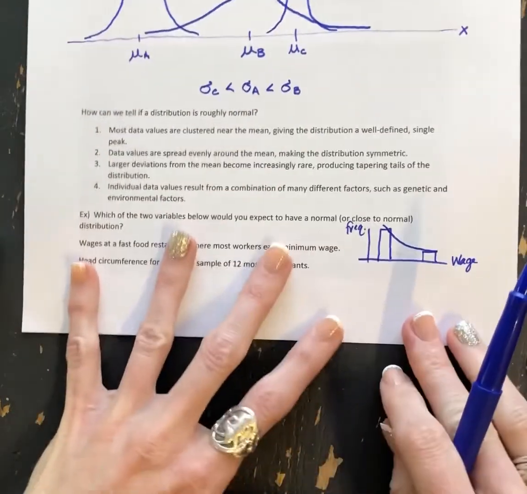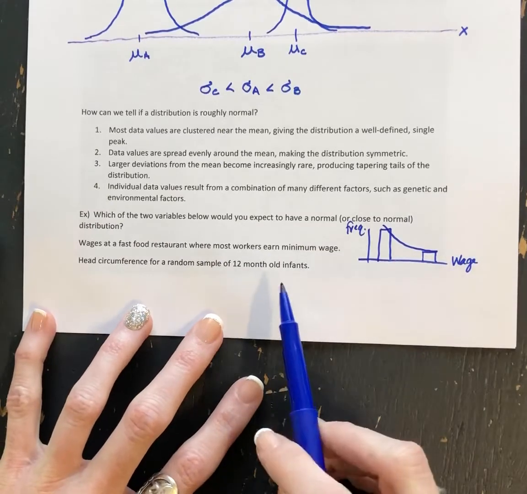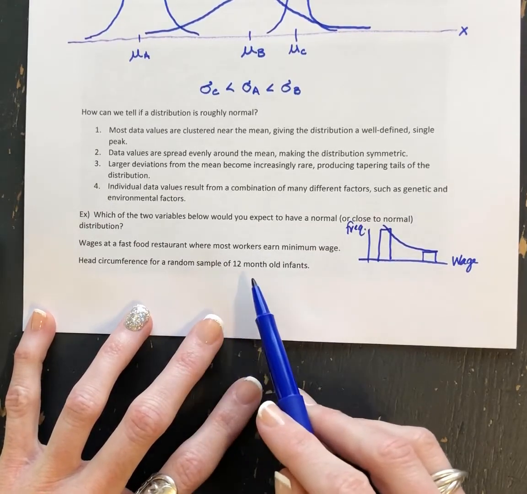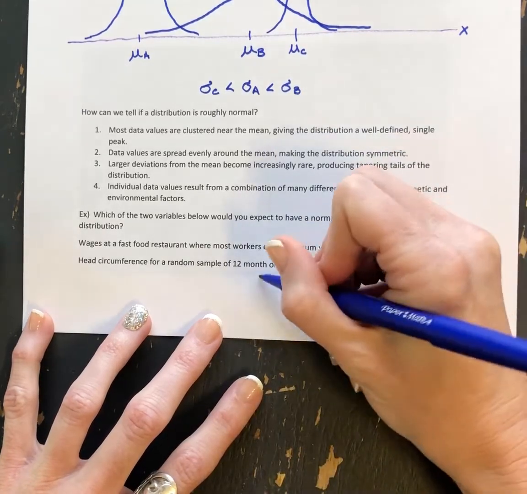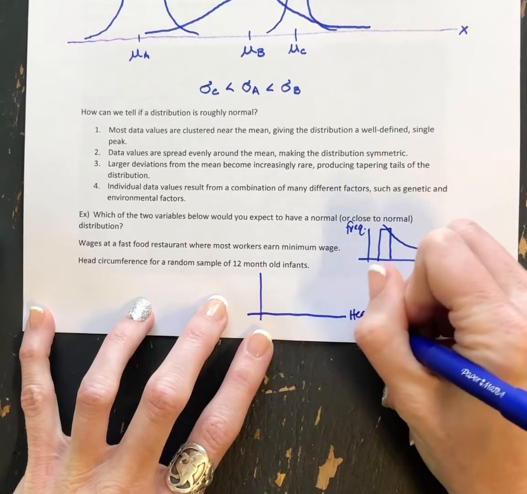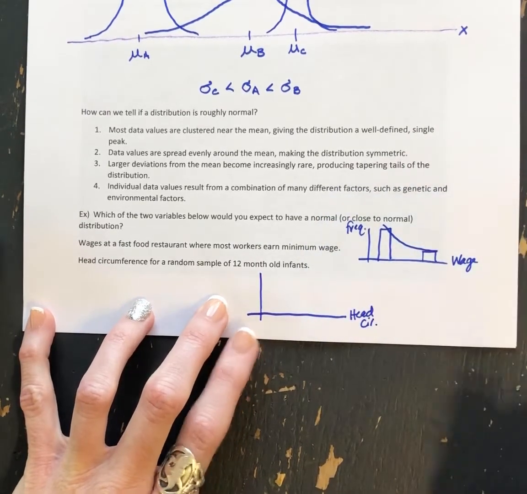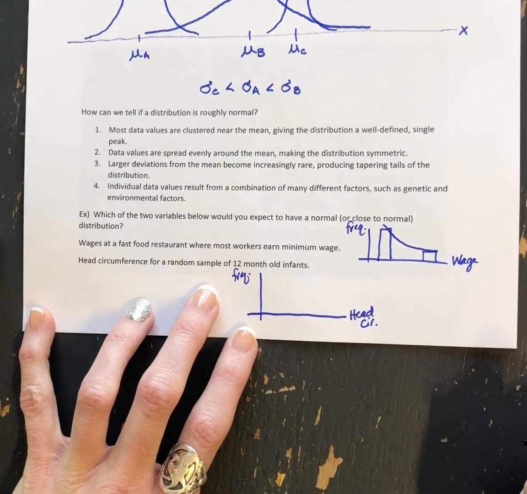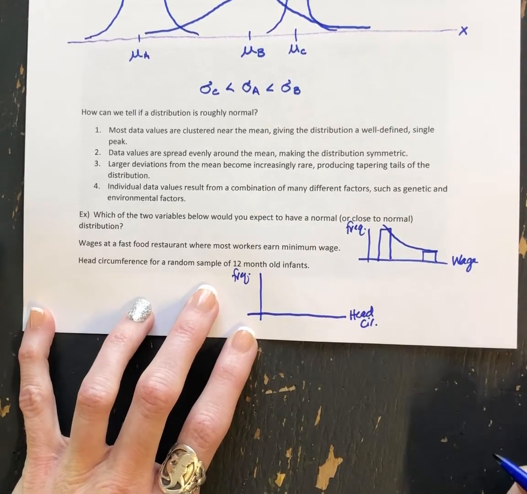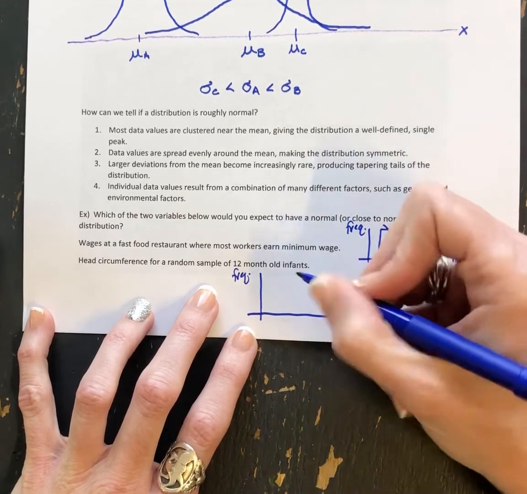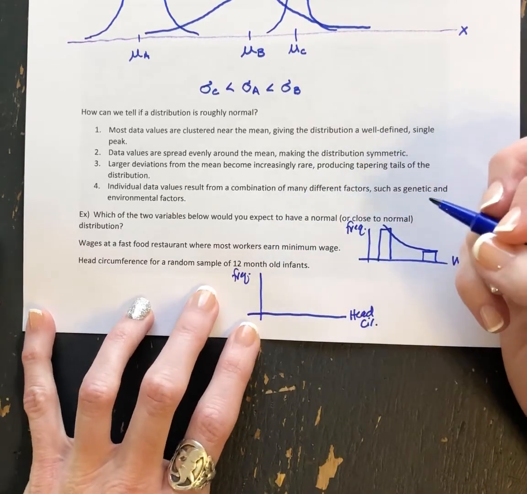curve. Okay. Our other choice is head circumference for a random sample of 12-month-old infants. So again, just a quick sketch thinking about head circumference and frequency. As we all know, there's kind of an average head size, and you can tell just by looking at babies that they all have a similar size head.